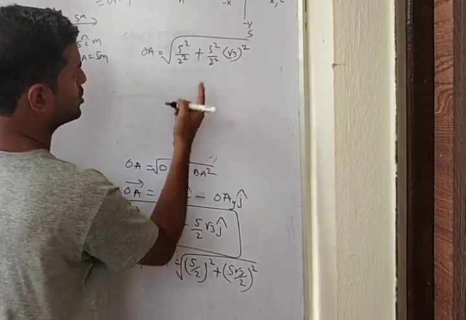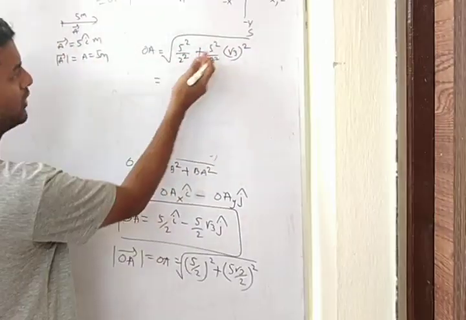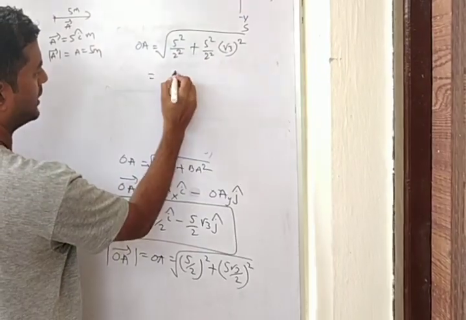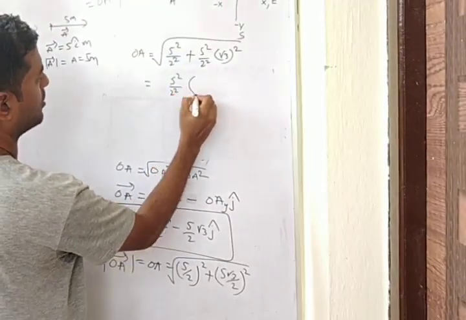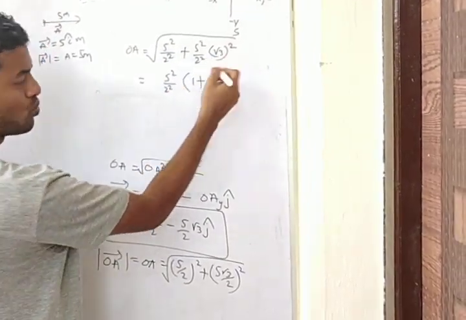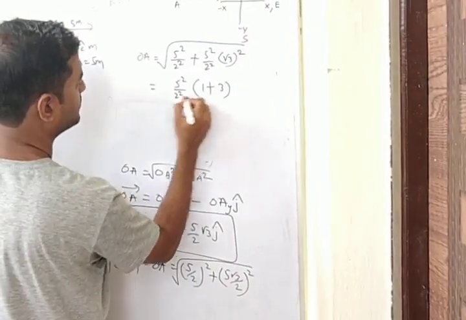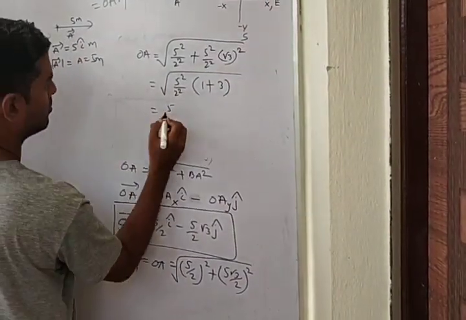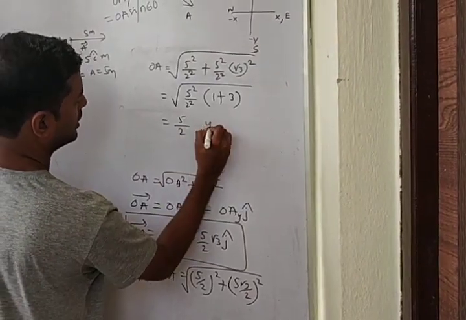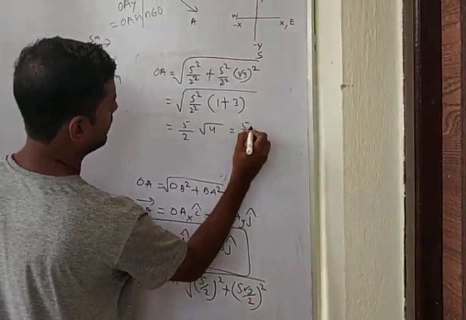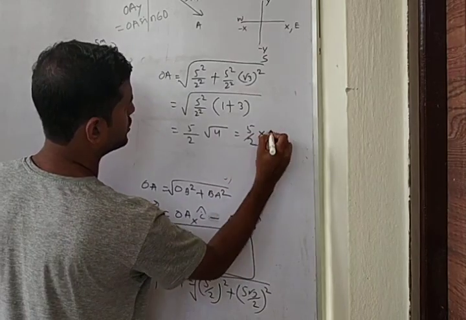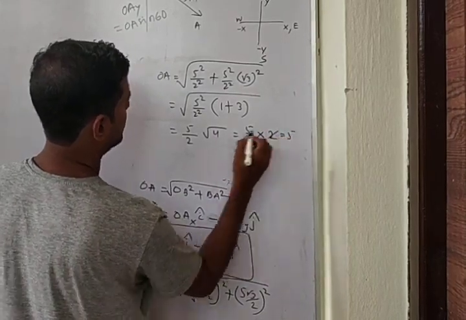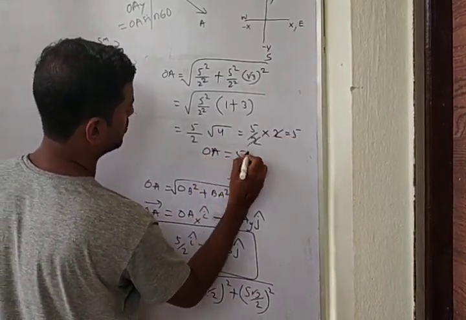It's very clear that 5 square by 2 square is common, so I can take it common. It will become 1 plus square of root 3, which is 3, root over. From 5 square I can take 5, from 2 square I can take 2 outside, and inside it will be 4. Now 5 by 2 times root of 4 is 2, so it's 5. So I got OA equal to 5 meter.